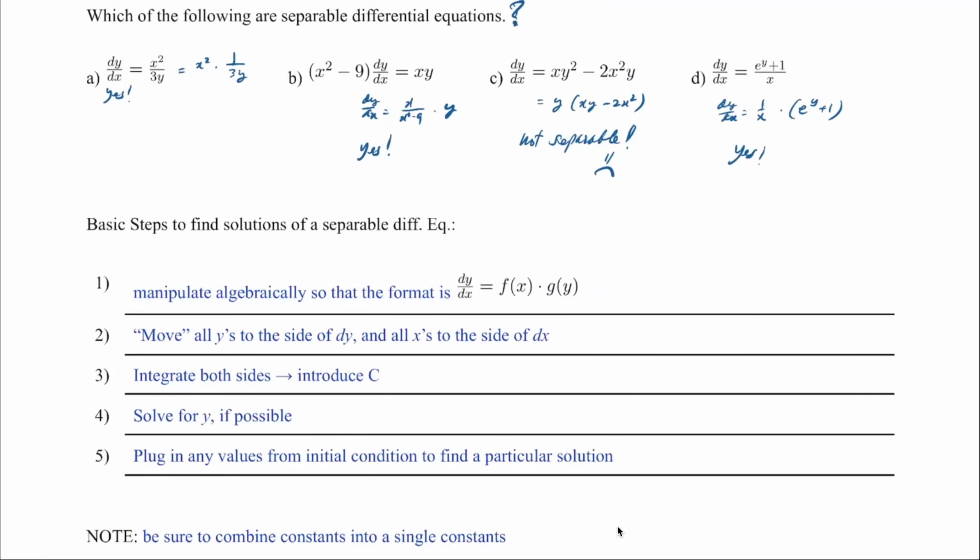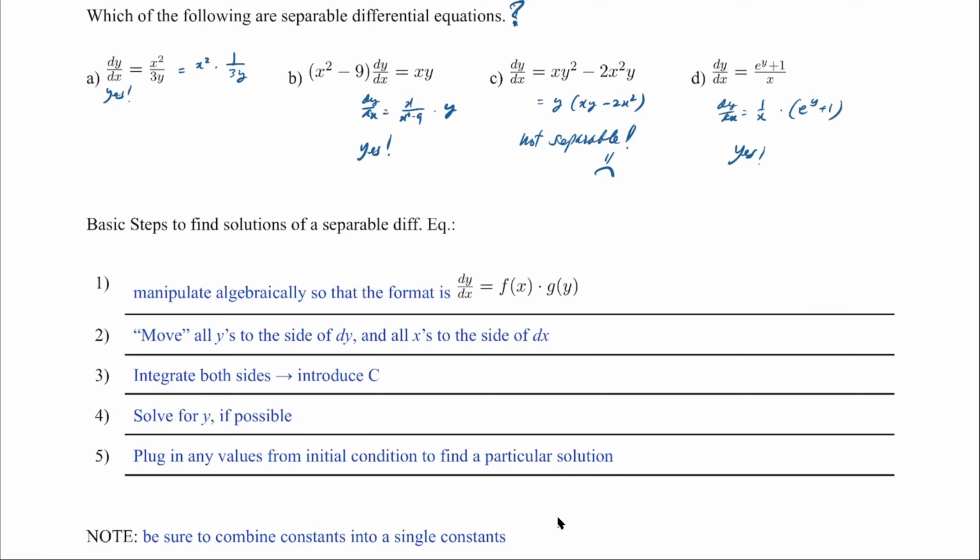Don't forget, because it's going to be an indefinite integral, you're going to have to introduce C. And then you're going to have to solve for y if possible, right? There's a good chance that it won't be possible, but if it is, you should. And then plug in any value from the initial condition to find a particular solution, if that is an option.